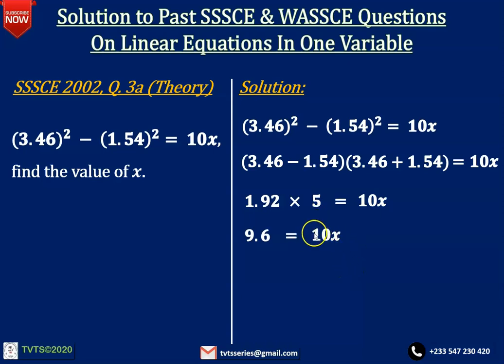Dividing both sides by 10, we have x is equal to 9.6 divided by 10. 9.6 divided by 10 is 0.96. Therefore, x is equal to 0.96.